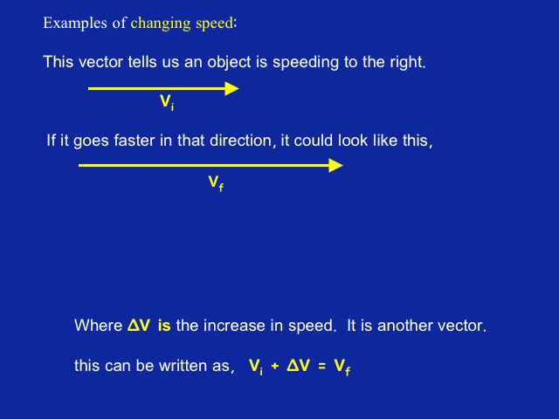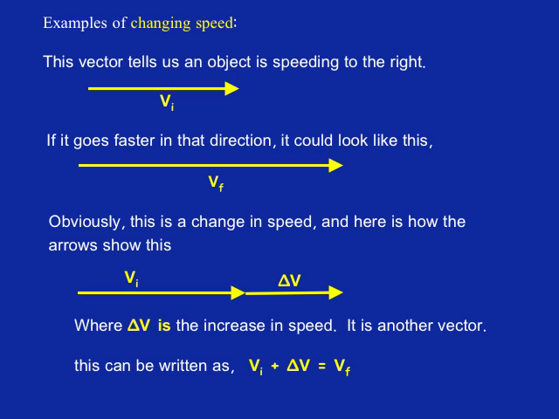But how did it go from 30 to 50? Well, it changed its speed, or delta v, where delta v is the increase in the speed. But that's just another vector. So to go from 30 miles an hour to the next vector, 50 miles an hour, we must have changed the speed or added a delta v of 20 miles per hour.